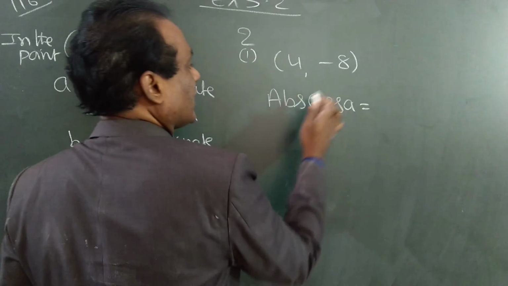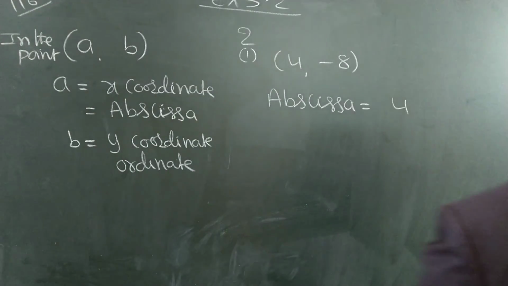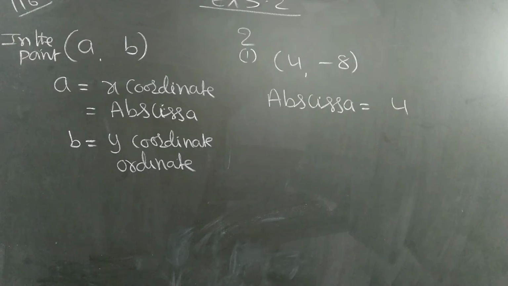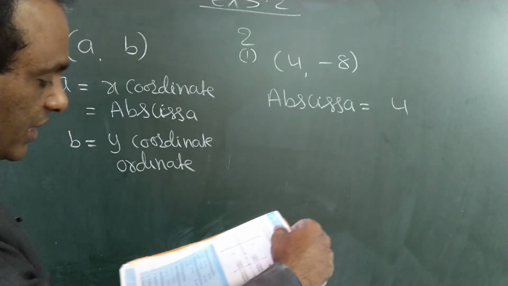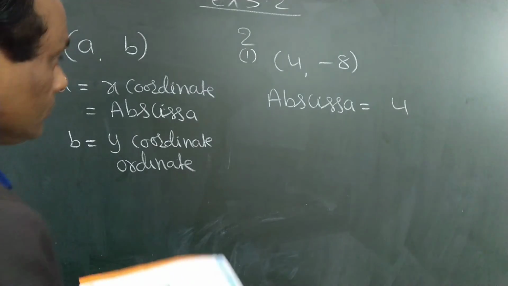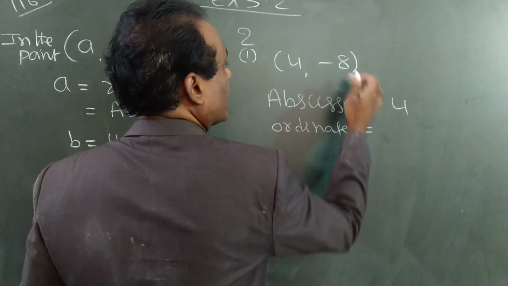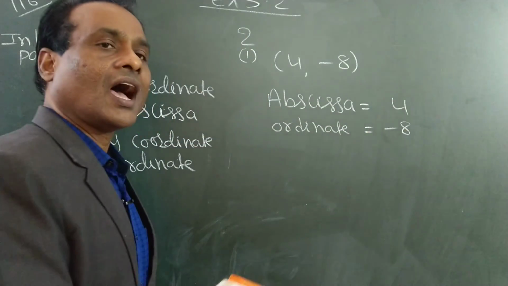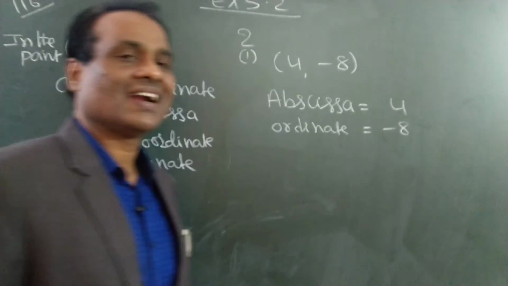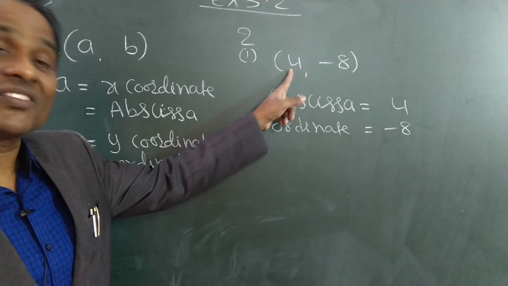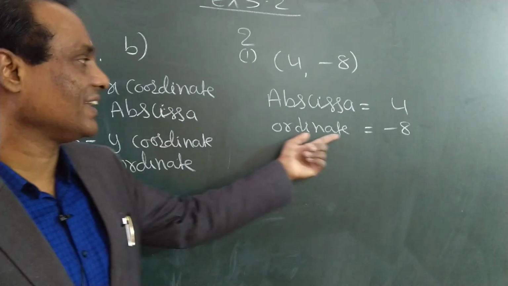In 4 comma minus 8, what is the abscissa? 4. Abscissa is 4. Ordinate means y coordinate, minus 8. Abscissa 4, ordinate minus 8. This is called x coordinate or abscissa. This is called y coordinate or ordinate.